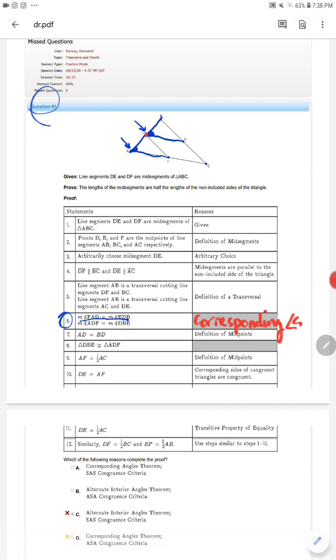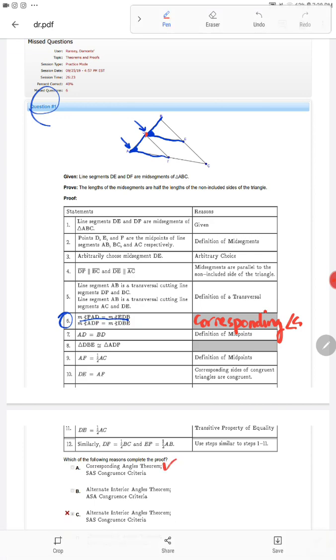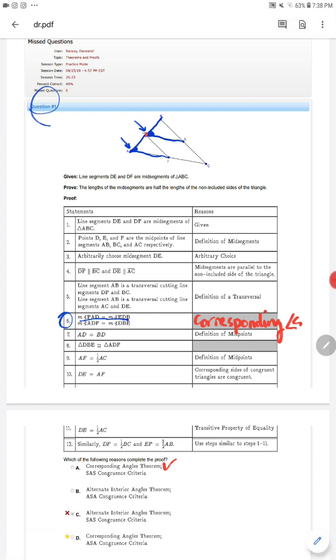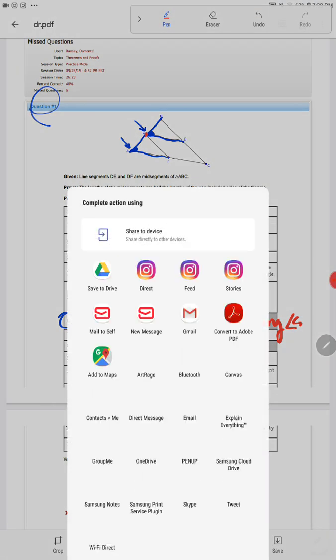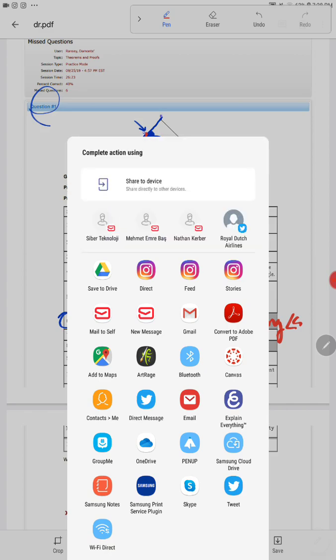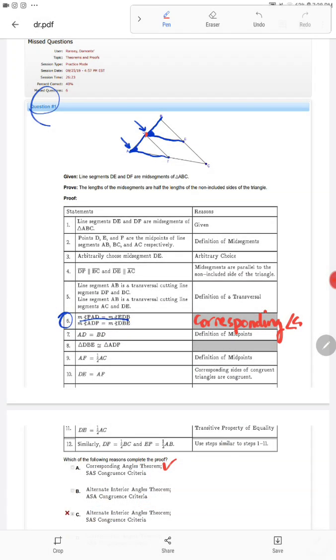So if you scroll a little, actually, there's this one here, corresponding angles, and then my screen is messing with me right now. Okay, and then D is also corresponding angles. So sorry about that. Let's check the next one.